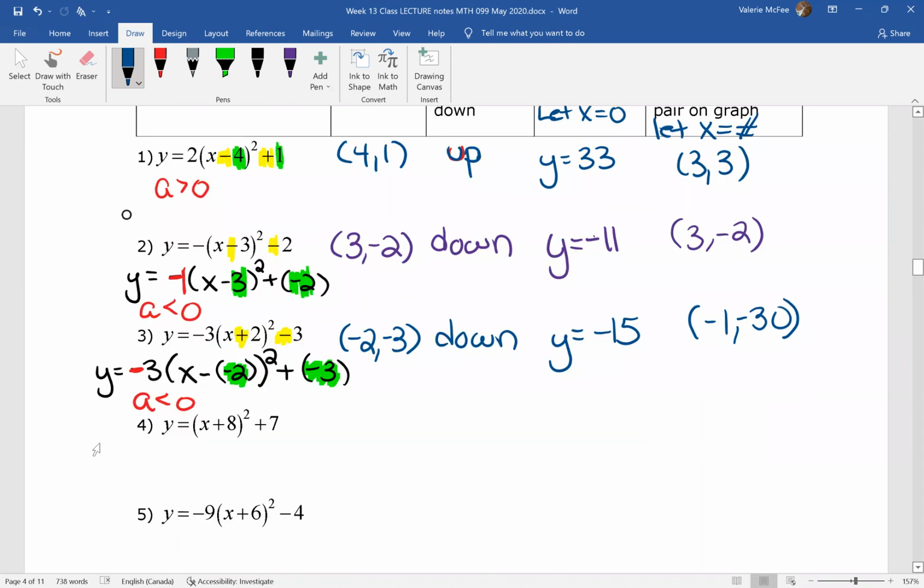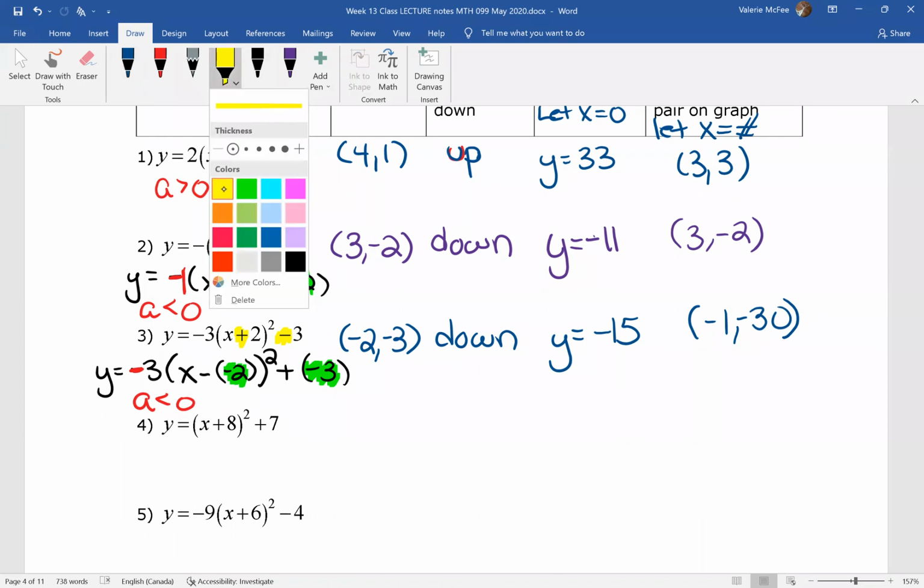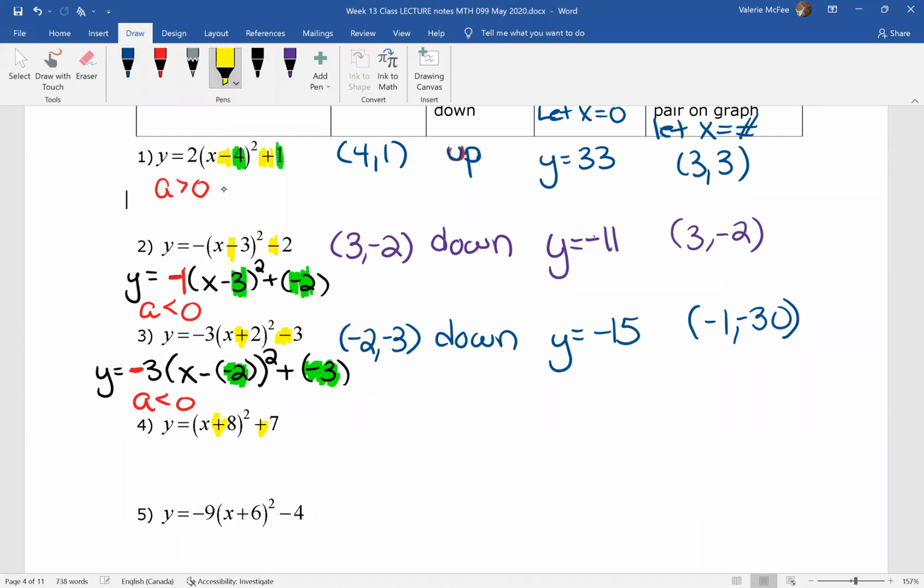All right, question 4. This time, I see that I don't have my minus sign here, but I do have the plus sign there. So we can rewrite this: y equals (x minus negative 8) all squared plus 7.